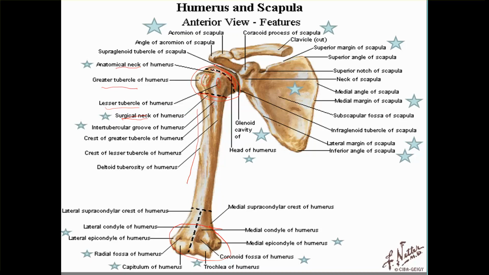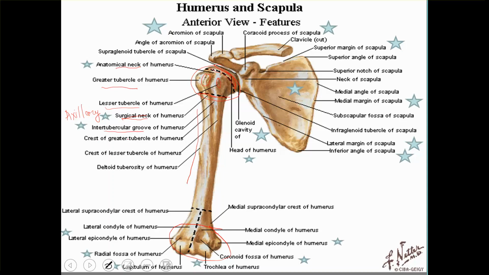It's very important. The surgical neck, I'll tell you the point of importance. There is a structure called the axillary nerve. It lies here, and if there is any fracture of the humerus, this nerve may get injured. The axillary nerve supplies the deltoid muscle, and it will cause symptoms related to it. Now between the two tubercles we have the intertubercular groove.